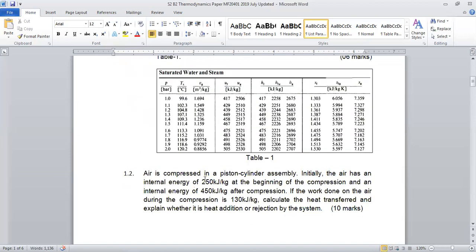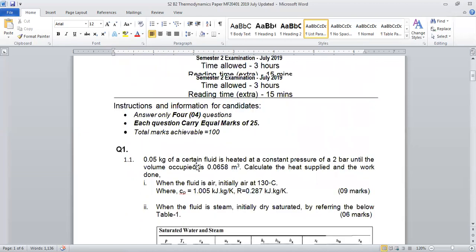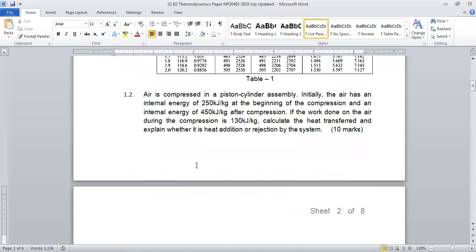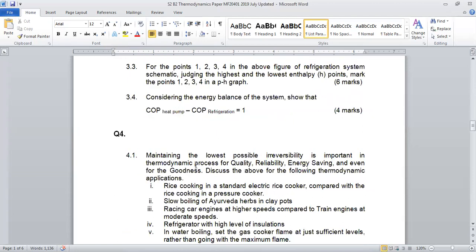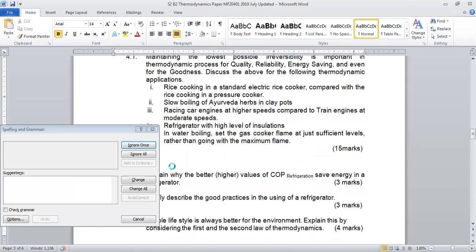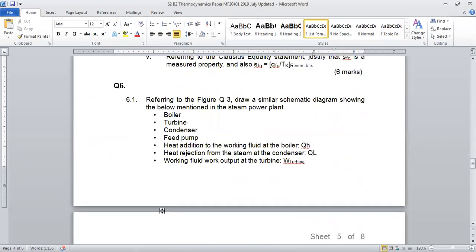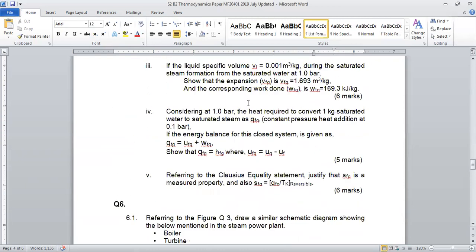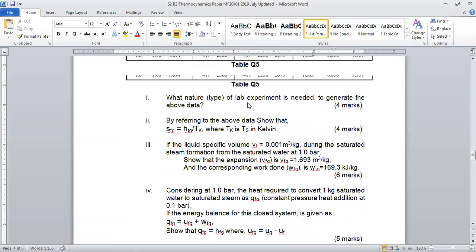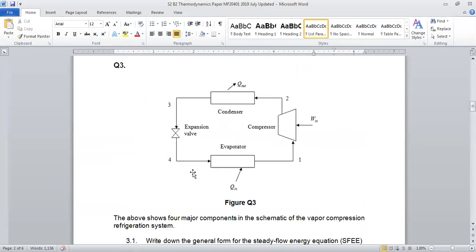So it's very nice. This is a blend of technology, your concepts, even some analysis and all. See, referring to figure 3, this is refrigeration.